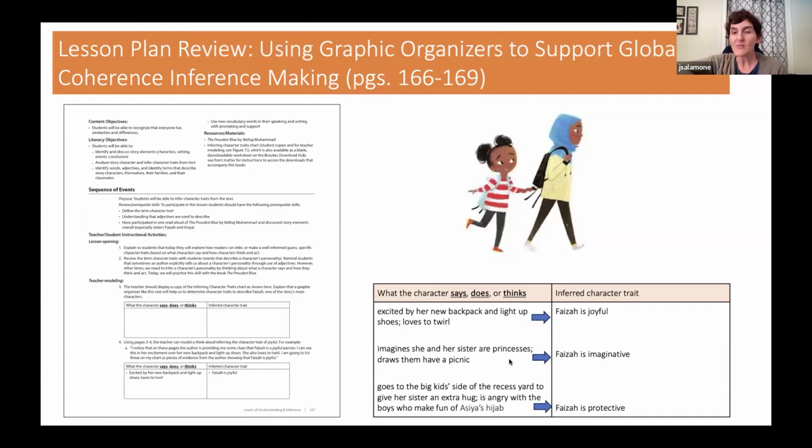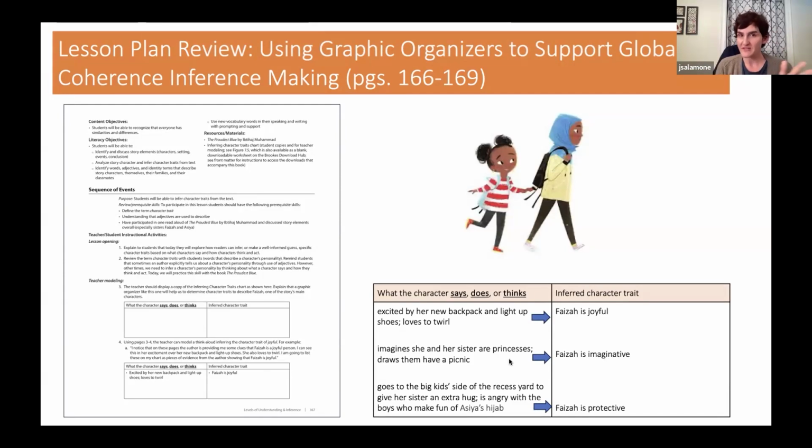And so here we're really teaching students, and again, we can think about our younger guys, well, what does the character do? What are their actions? What do they say? And what are their thoughts? And we can begin to make an inference about what that character's like. And this connects to a lot of work in this unit around adjectives, and students are learning all about themselves and being able to describe themselves.